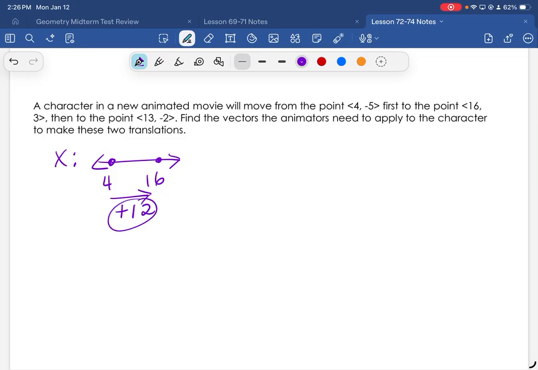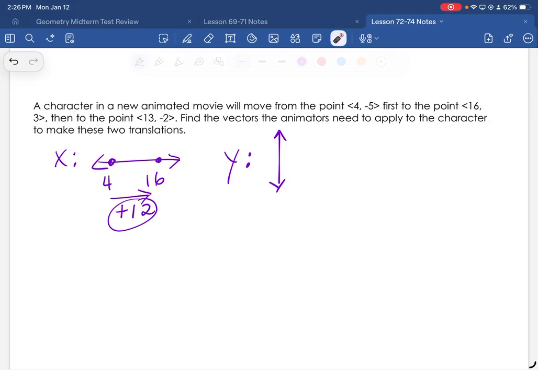All right. And then y, the y-axis is a vertical axis, correct? So it's up, down. We're going from -5, y'all see that? To 3.